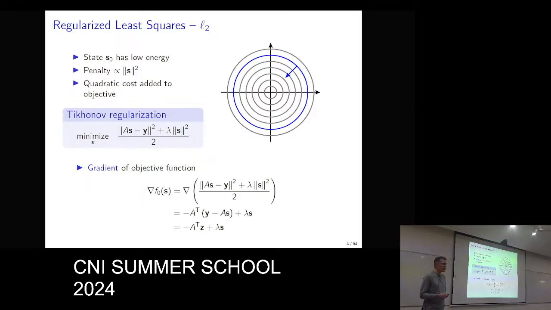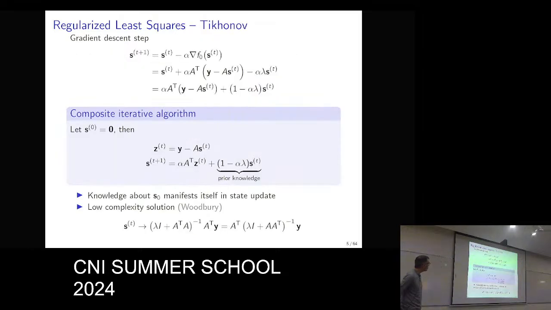And so when you take the gradient of that, you get this very well-behaved expression that you can organize in this fashion over here. In terms of the variables that we had for our composite iterative schemes, y minus As is the residual, and then you have this other component here. So if you would like to do a gradient descent algorithm, what would you do?